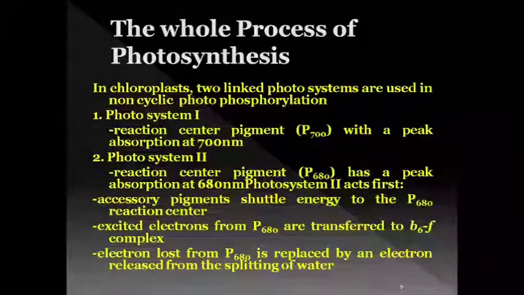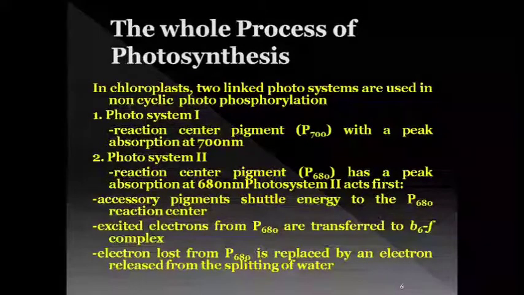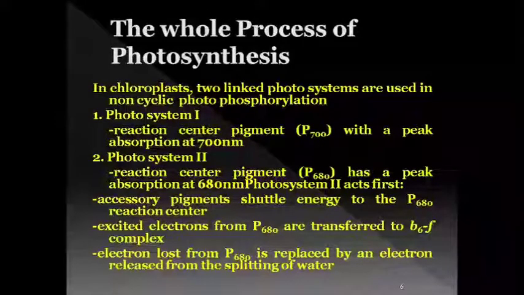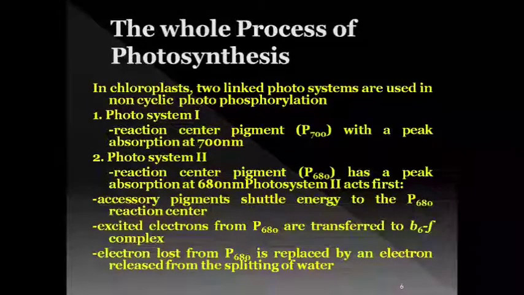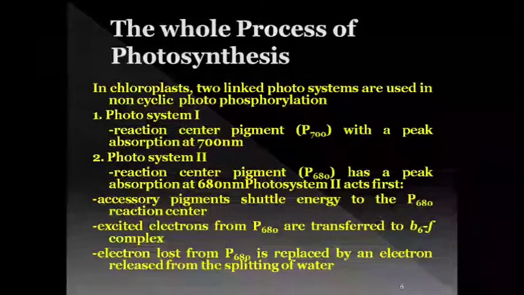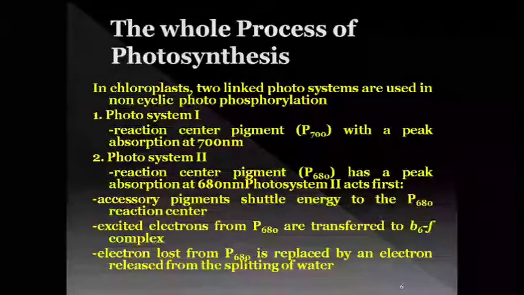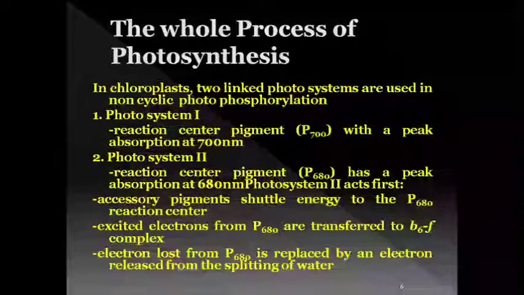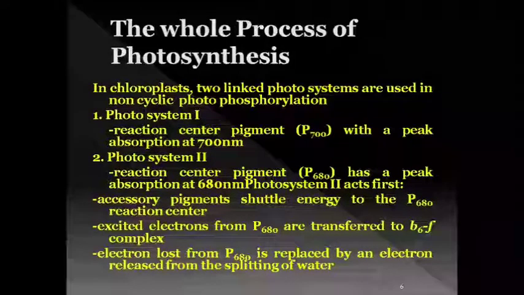Photosystem 1 contains reaction center pigment P700, which has peak absorption at 700 nanometer of visible light. Photosystem 2 has reaction center pigment P680 because it has a peak absorption at 680 nanometer.